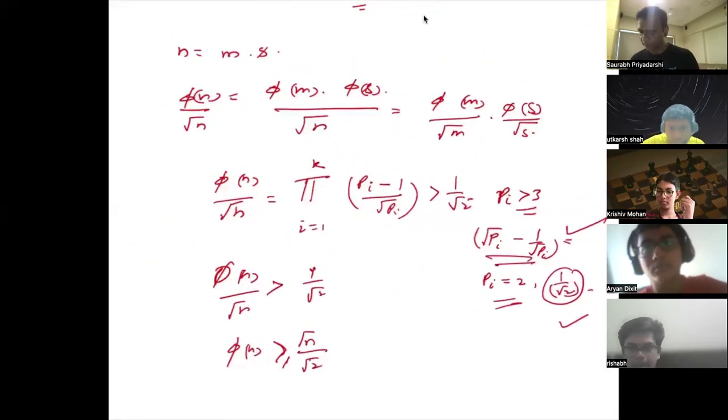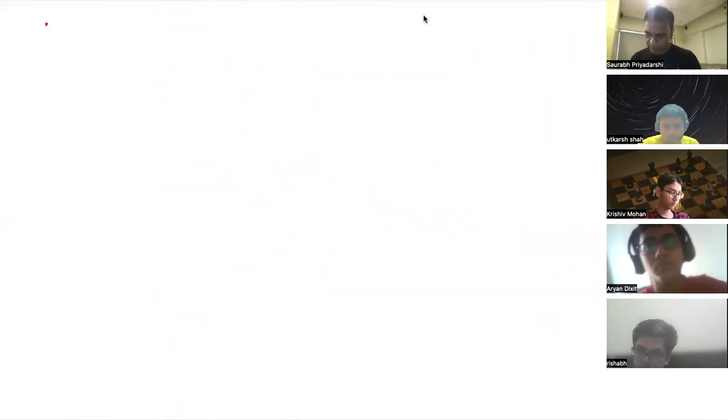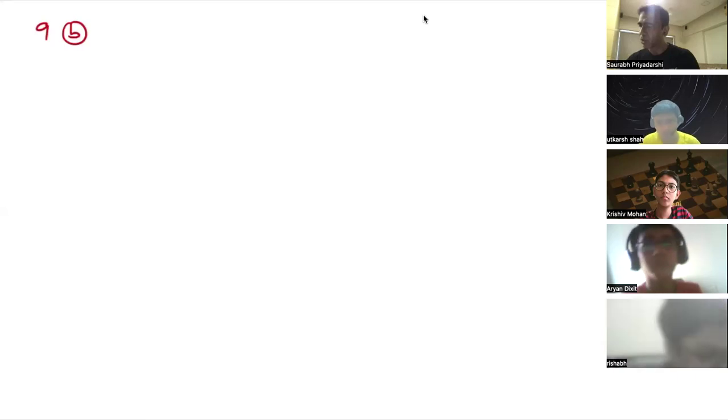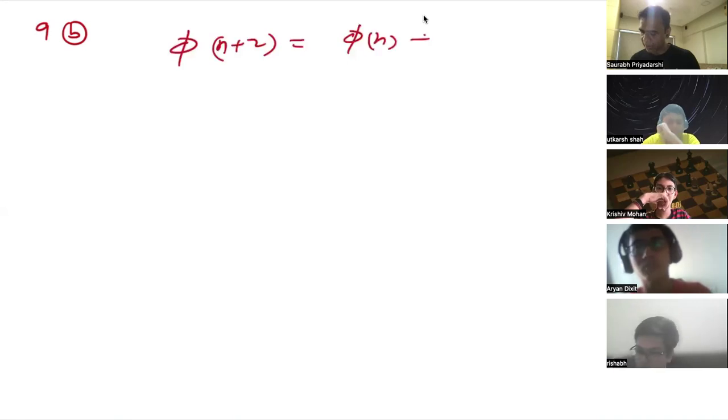9th B. The question is 9th B. If P and 2P plus 1 are both odd primes, then n equal to 4P satisfies phi of n plus 2 equal to phi n plus 2.